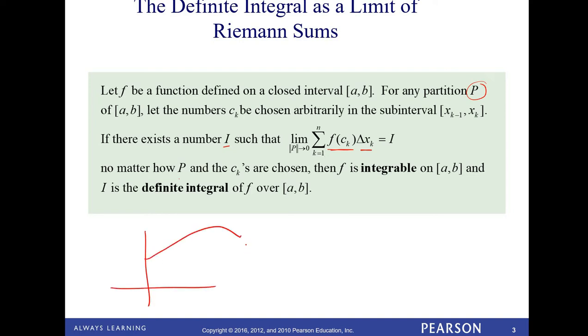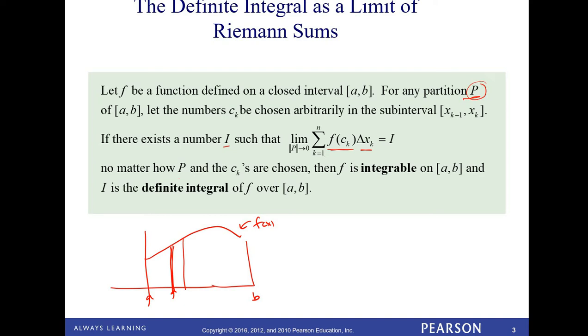So I've got a function that I am going to call f of x from a to b. We are now going to choose subintervals, and that partition we're going to call P. Now, as P approaches 0, in other words, as these subintervals get skinnier and skinnier, that delta x approaches 0 as well.